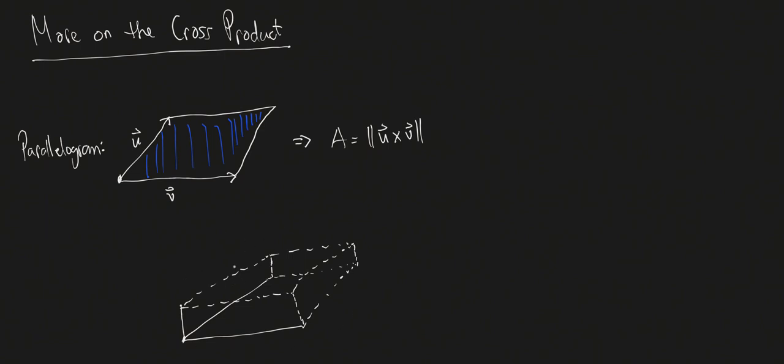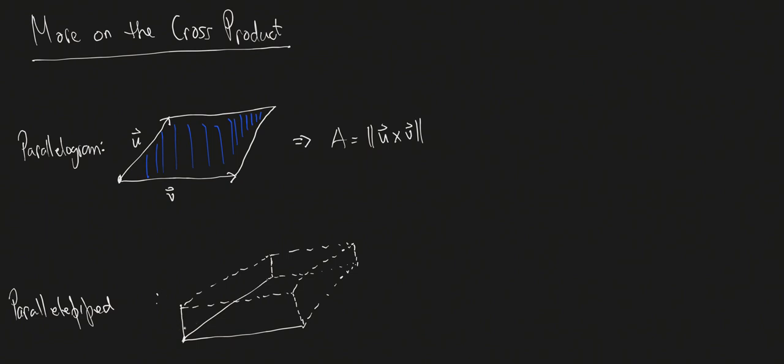So this type of three-dimensional shape is called, get ready for this, a parallelepiped, right? So a parallelepiped is basically a box that's defined by three vectors now.